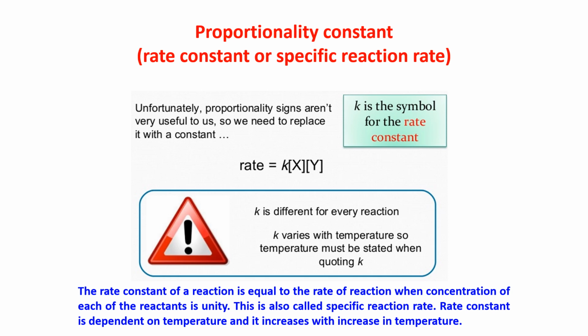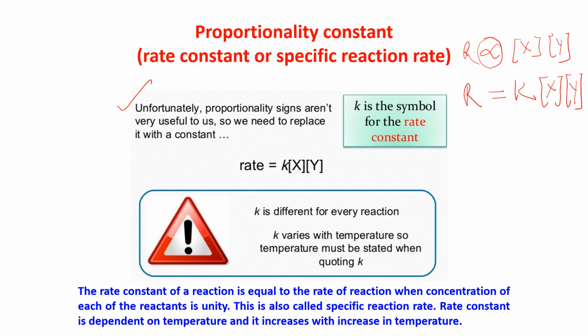The rate of a reaction can be written as proportional to X and Y. If I want to remove that proportionality sign, rate is equal to K times X and Y. Unfortunately, the proportionality sign isn't very useful to us, so we have to replace it with a constant.